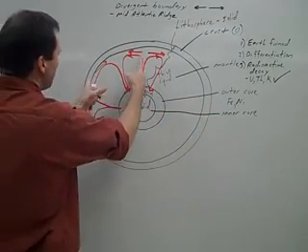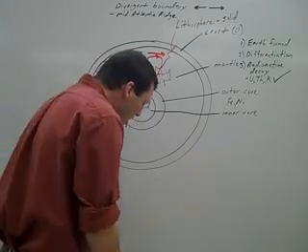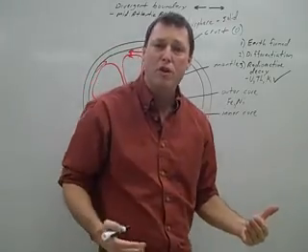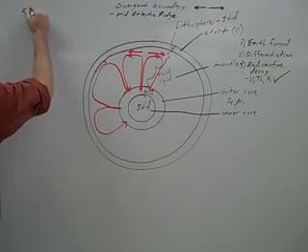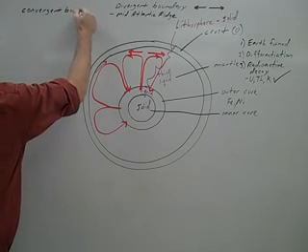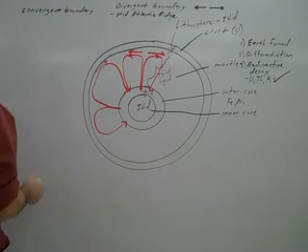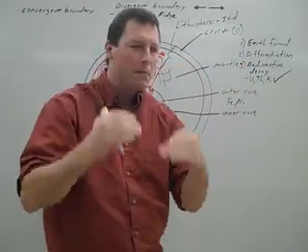So these two tectonic plates are being dragged towards each other here. And that is referred to as a convergent boundary. So I'm going to write that down over here. Convergent boundary.